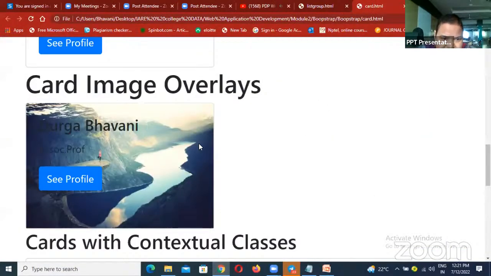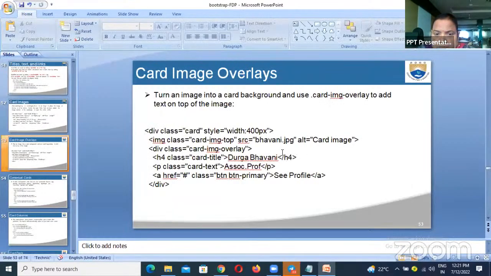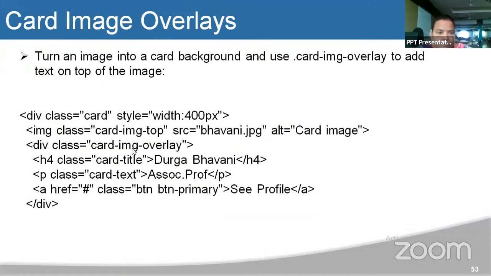This is the image as a background. On the image, your profile can be displayed like this. Whenever you want to display like this, it can be done using the class called card-img-overlay. So card-img-top is one class.